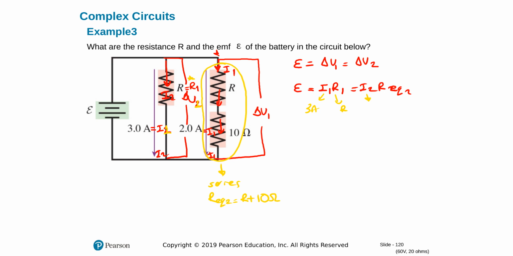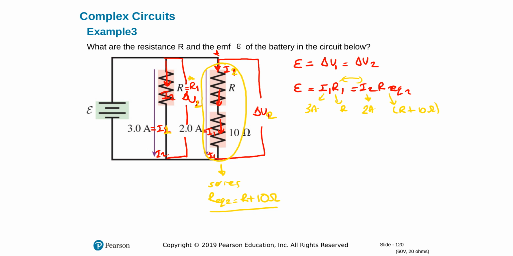And I'm going to rename this R2 and delta V2, because I named this R equivalent, so the names agree with each other. So my I1 is 3 amperes, R1 is R, and I2 is 2 amperes, R equivalent is R plus 10 ohms, and these two are equal to each other.